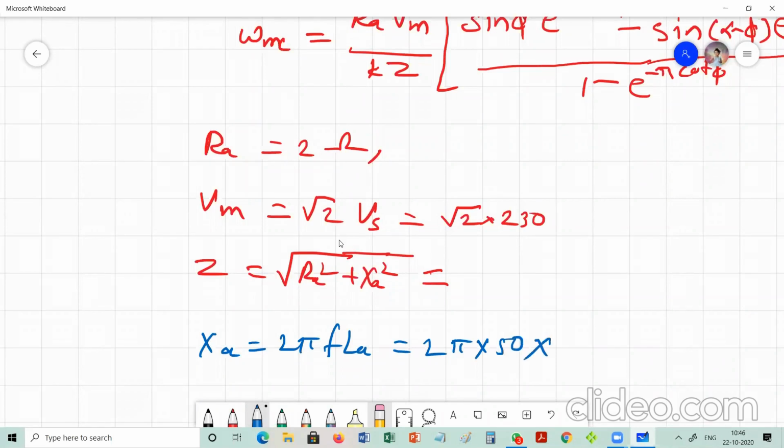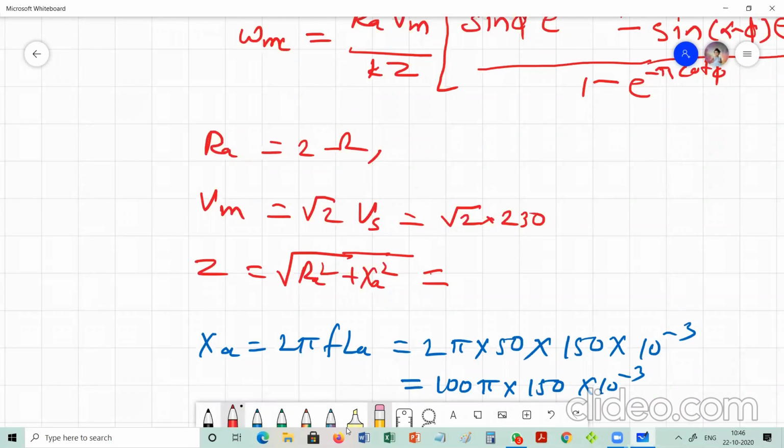They have given 150 millihenry, means 150 into 10 raised to minus 3, which is equal to 100 pi into 150 into 10 raised to minus 3.